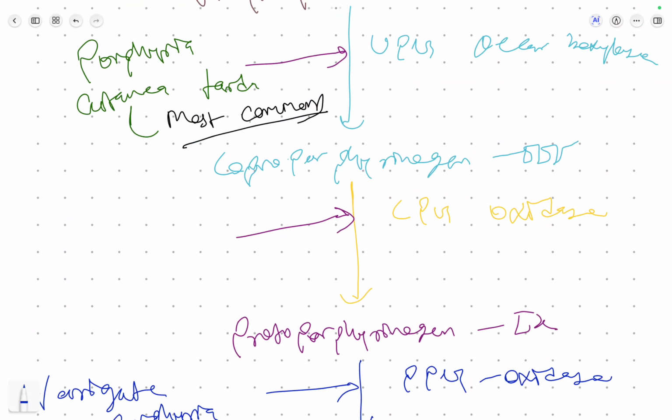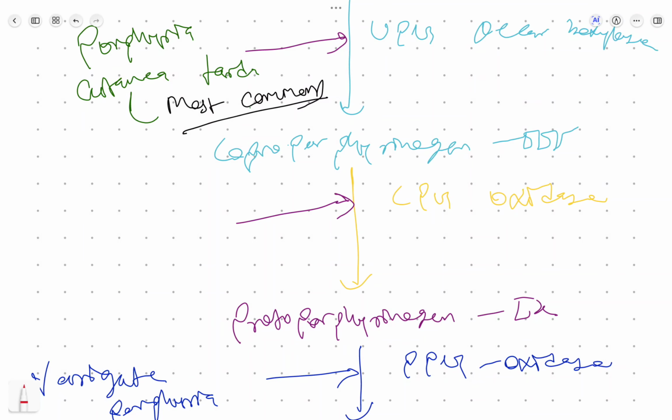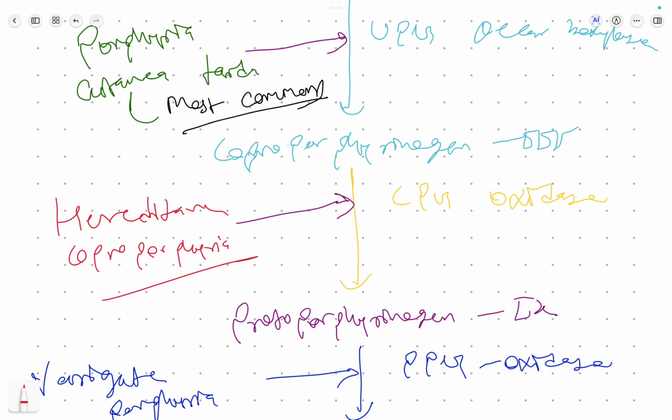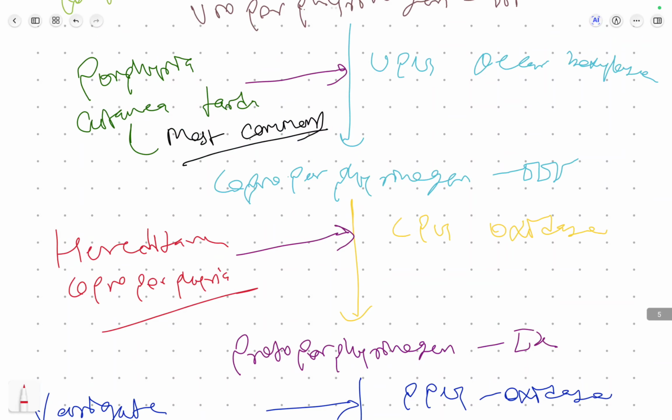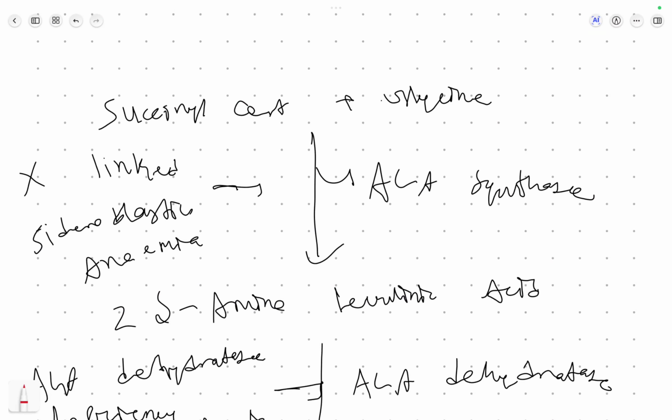And if CPG oxidase is deficient, then we get hereditary coproporphyria. Alright, so let's revise once again. So let's see.